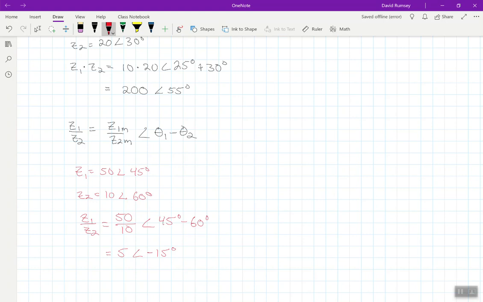So multiplying and dividing in polar form is really easy to do. Adding and subtracting in polar form is not so easy to do.